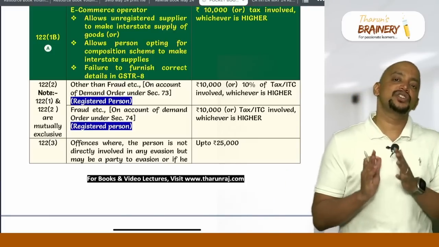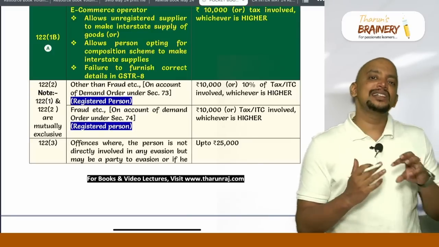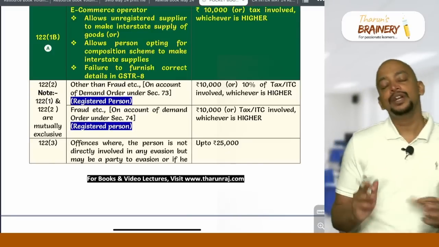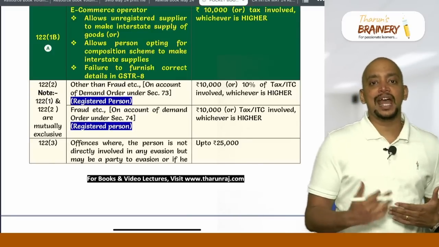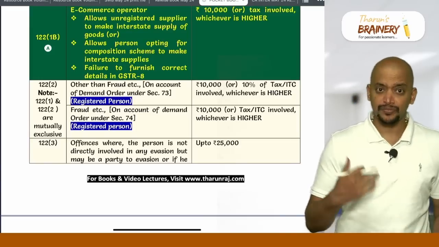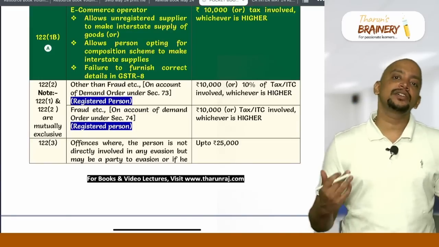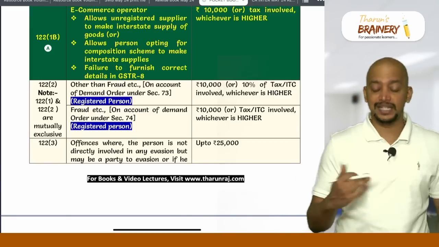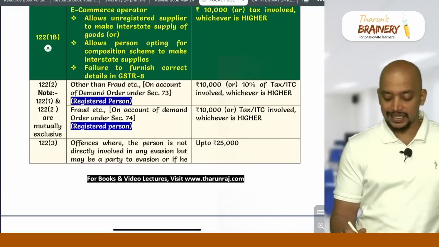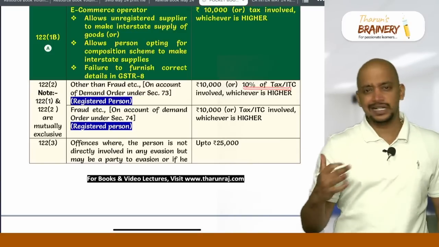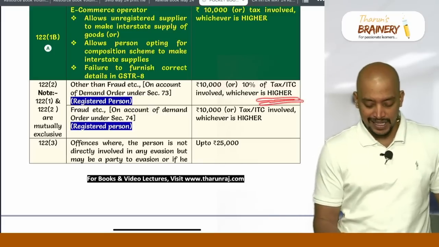Suppose if the recovery is initiated under section 73, so it is like a softer provision than 74, then in that case the penalty will be as per 122 subsection 2, wherein it says 10% of the tax involved, or 10,000 rupees, whichever is higher, that should be taken. 10% of the tax or ITC or refund, or 10,000, whichever is higher, should be taken.